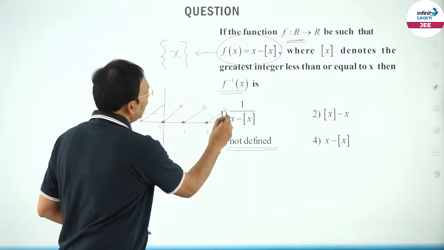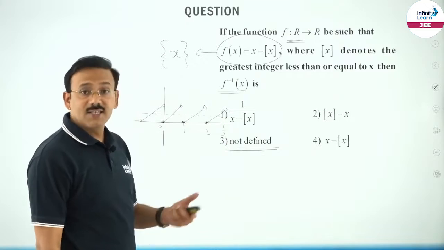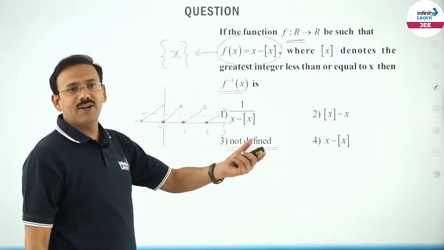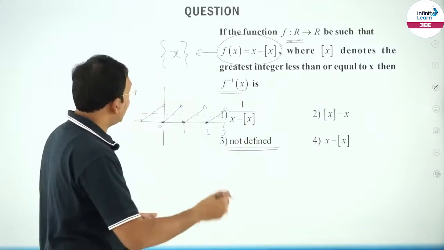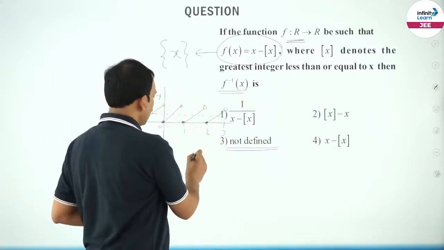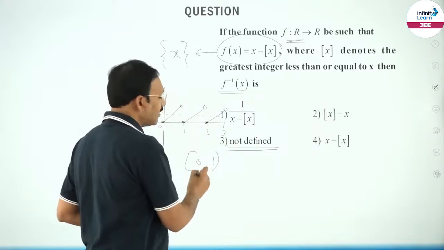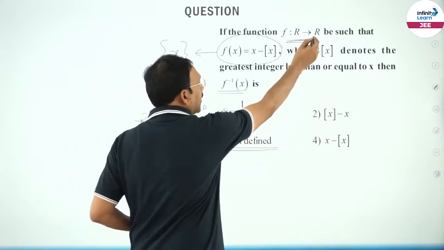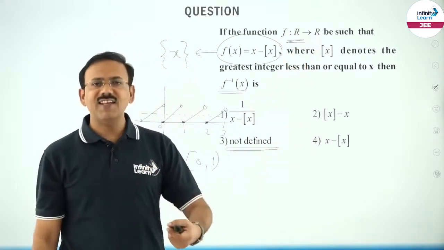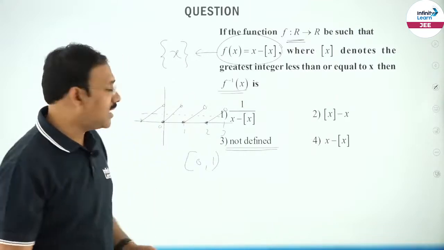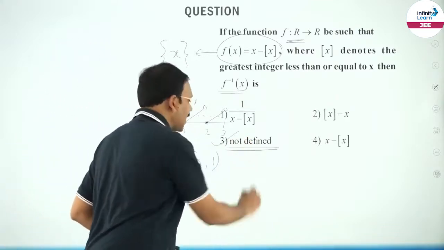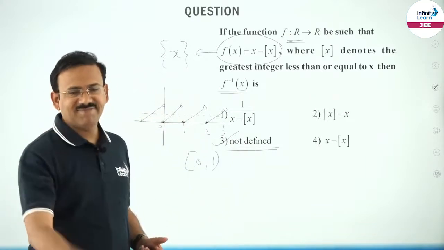If you draw any horizontal line, it is going to cut at more than one point, so it is not 1-1, so not a bijection. Even the range of this function is closed 0 to open 1, whereas the codomain is R. So, it is neither 1-1 nor onto, so it is not a bijection, and hence the inverse does not exist is the answer. Clear?